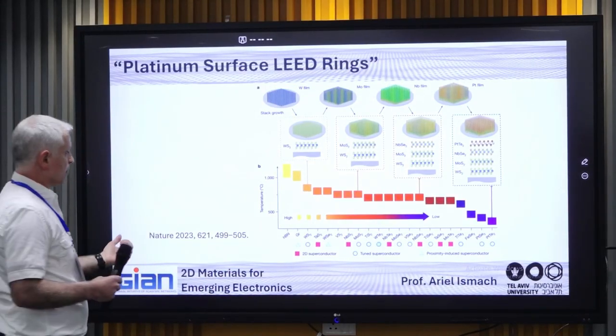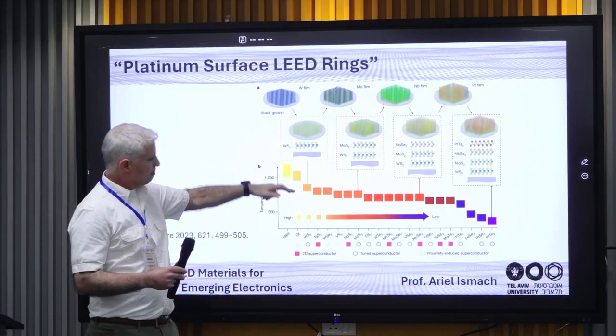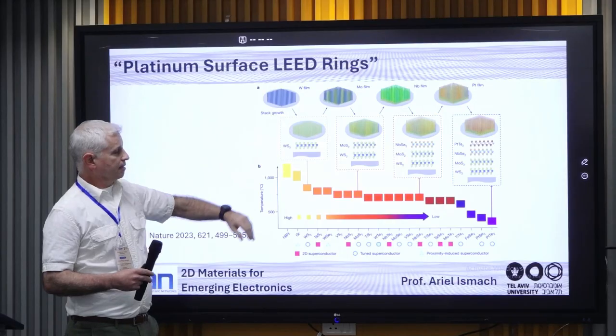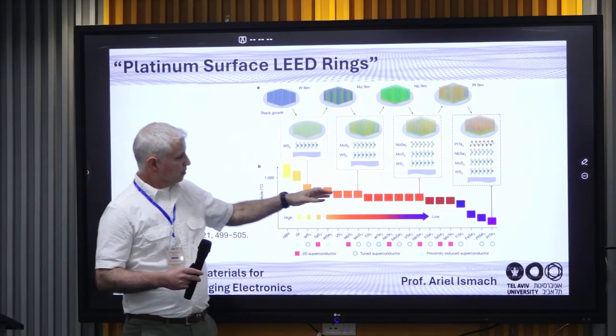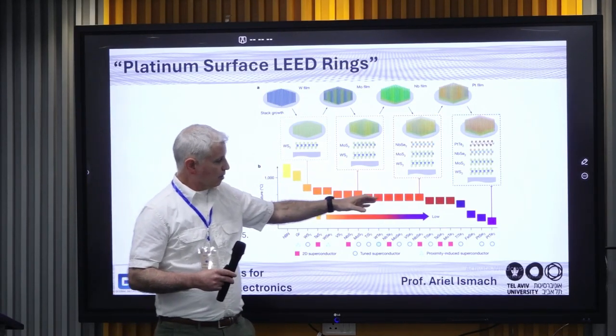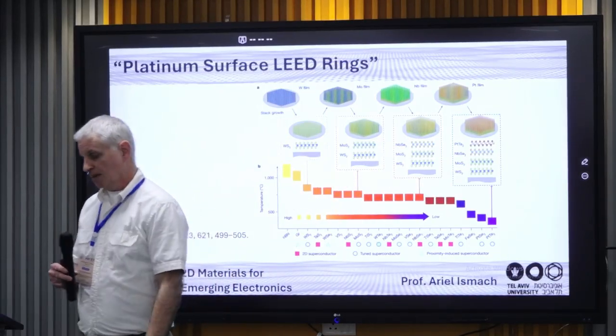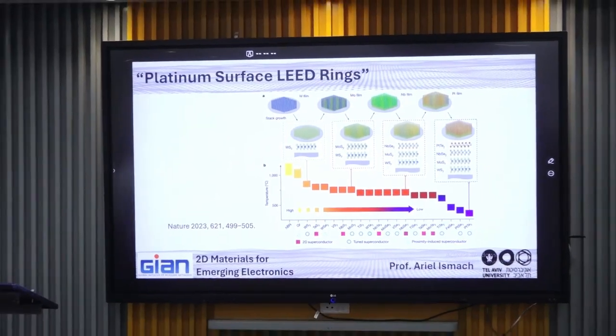Therefore, they start with a higher temperature grown material, which in this case is the tungsten disulfide, and then they continue with the others that require lower and lower temperature, and they finalize with the platinum selenide.